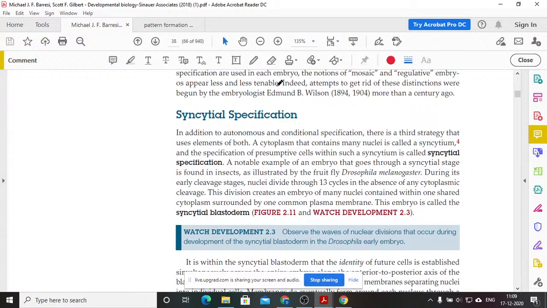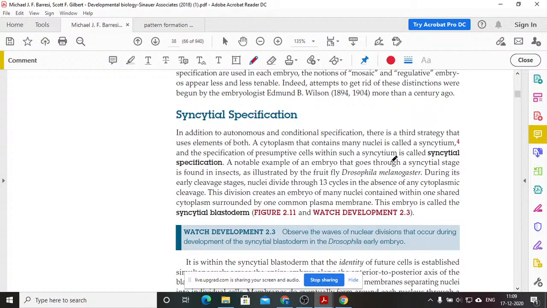Now what is syncytial specification? A cytoplasm that contains many nuclei is called a syncytium, which I explained right now. The specification of presumptive cells within such a syncytium is called syncytial specification.